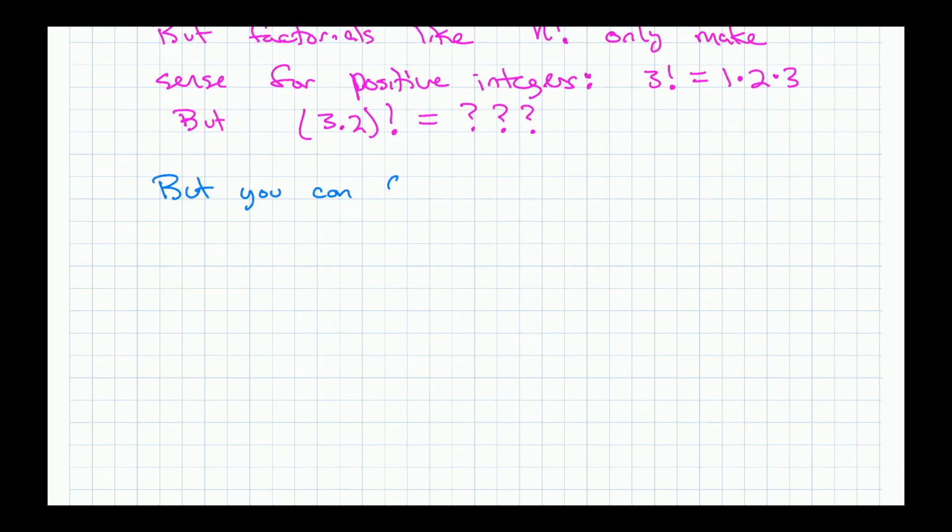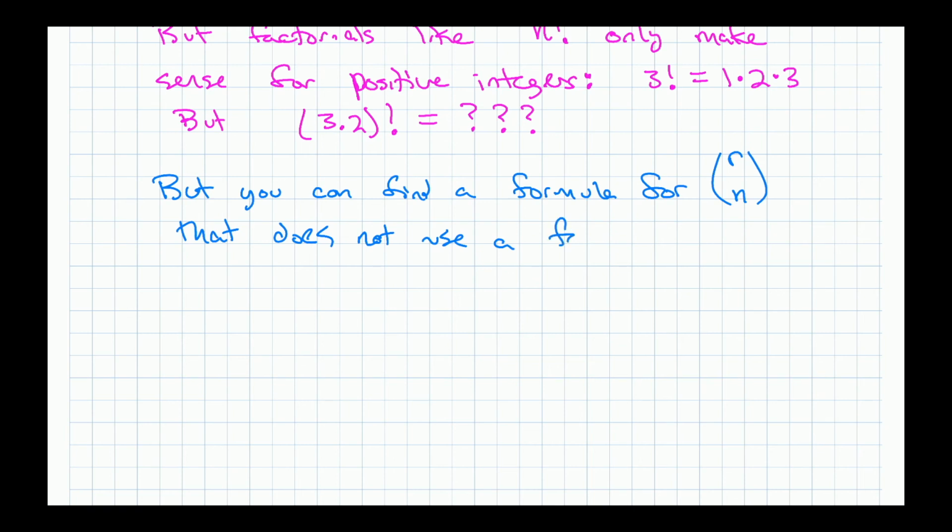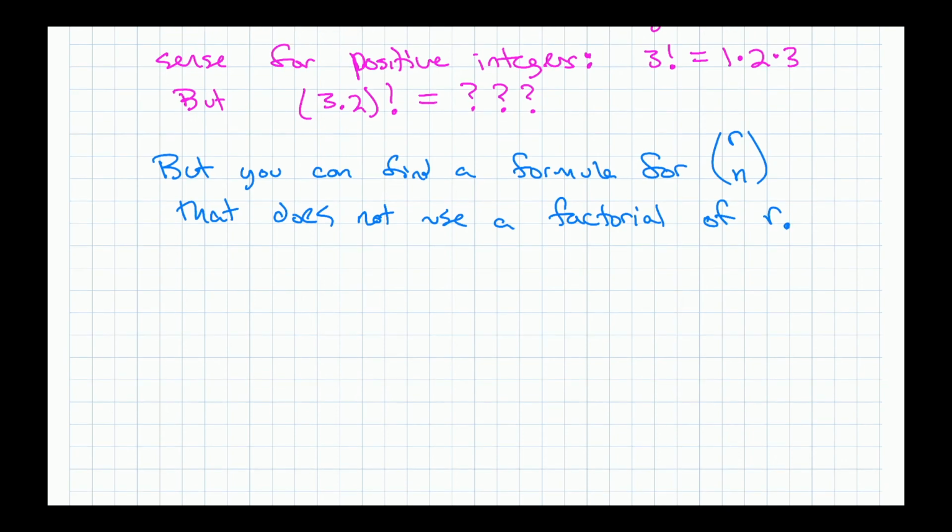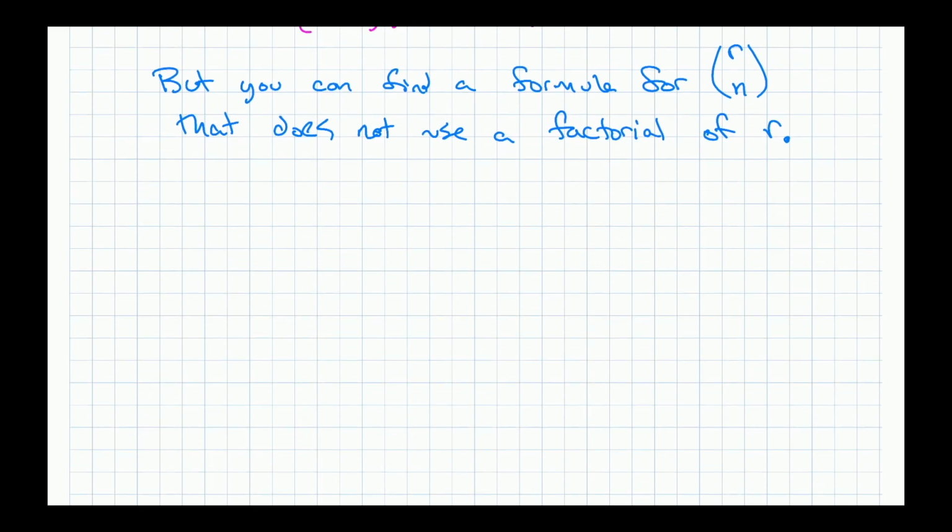You can find a formula for r choose n here that does not have a factorial of r. It'll still have a factorial of n though. So how would I do that? Well, I'm going to show you an example, and then I'll just tell you what the formula is.